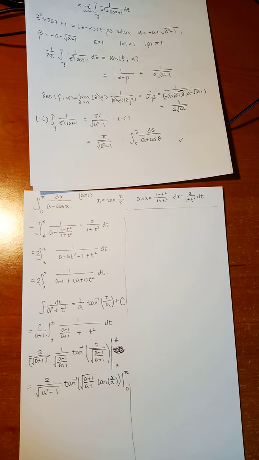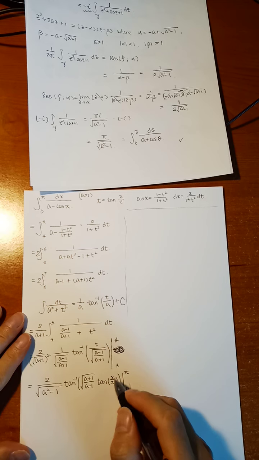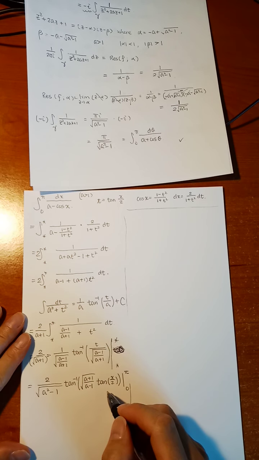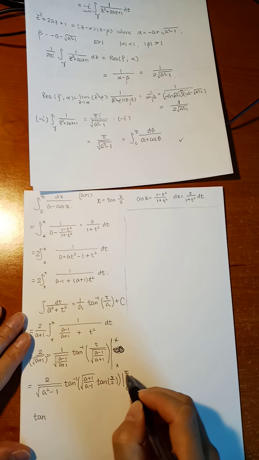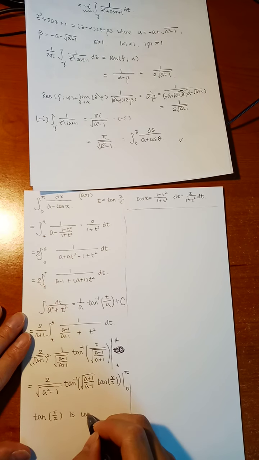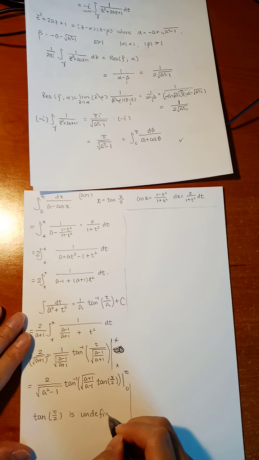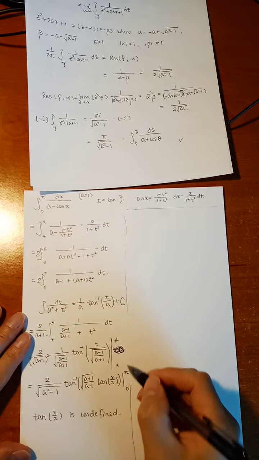All right. So actually, this part we need to use the limit. This is an improper integral because tangent of pi over 2 is undefined, but it has a limit, right? It is undefined. The limit is infinite. It approaches infinity.